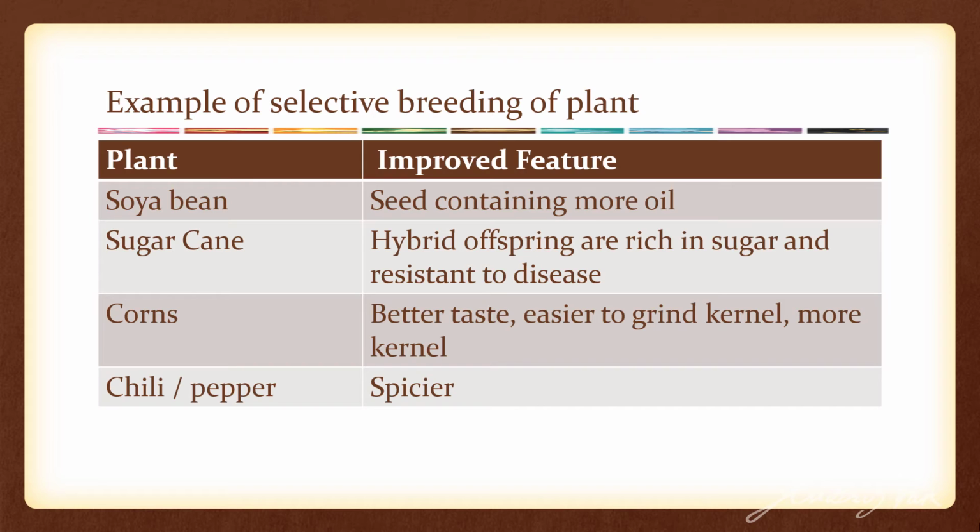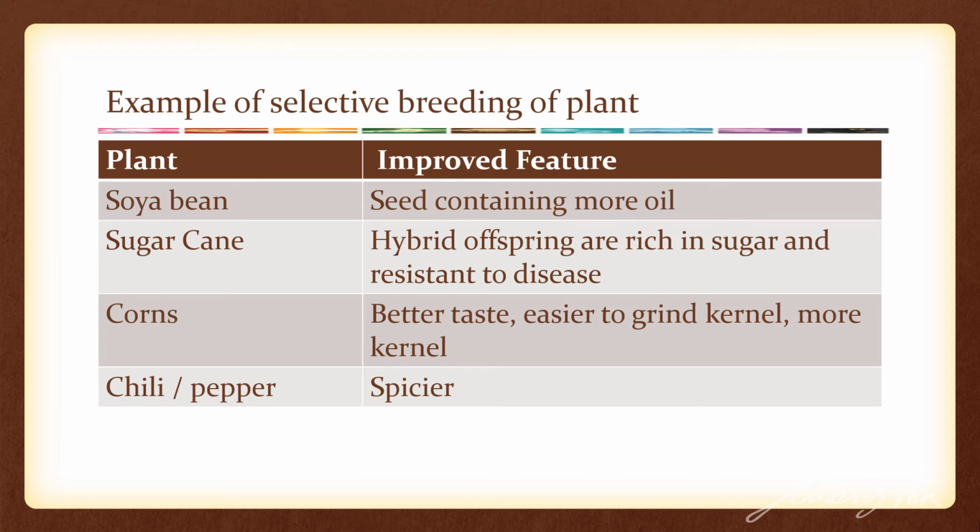It could be because of nutrition factor, or it could be due to us being able to extract more oil from the soya bean when we are trying to produce oil from plant. Sugarcane in Indonesia have been crossbred. So the hybrid offspring are rich in sugar as well as resistant to disease.